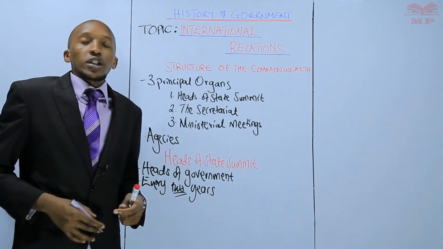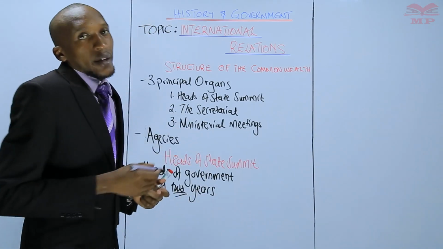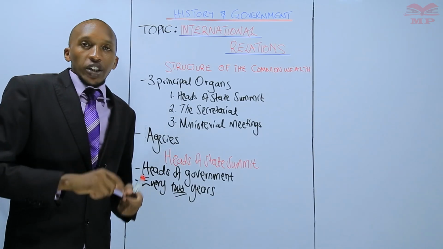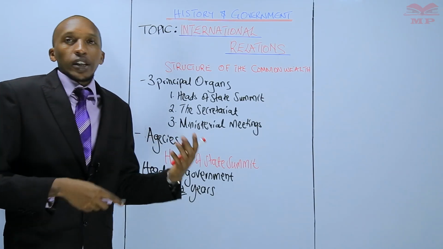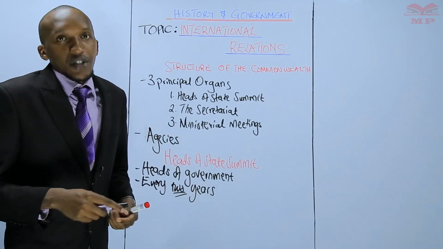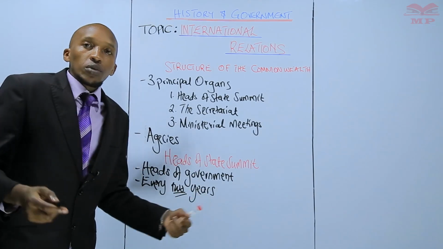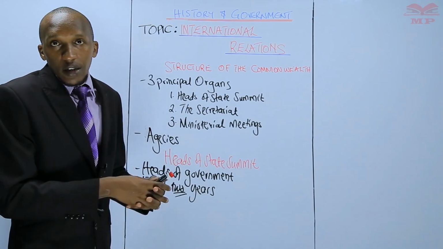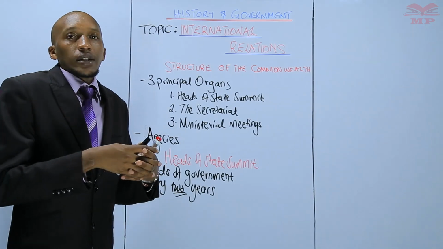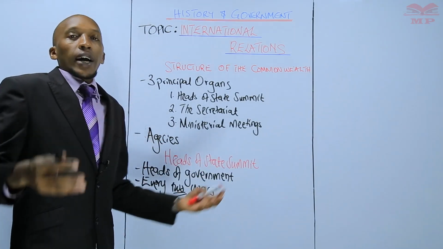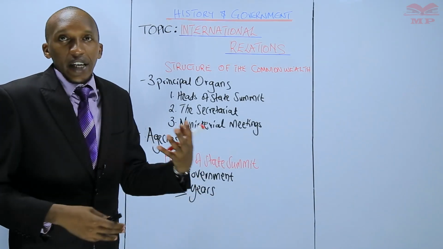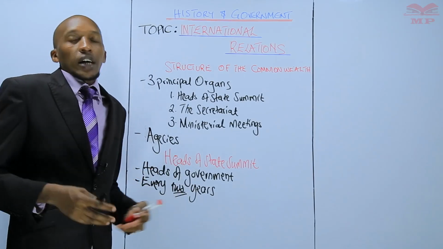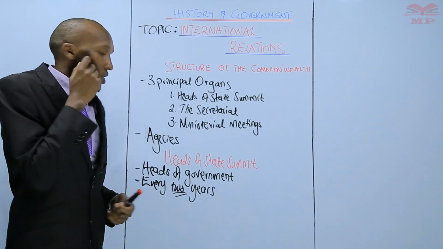It is rotational. It is not held in one place or in one nation. They go to different countries. So this year it could be held in Kenya, the other year it could be held in Tanzania, not in Uganda. So there are different countries where the summit is held.